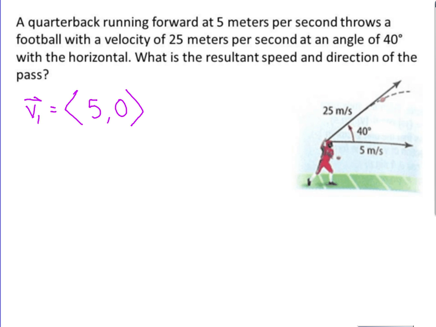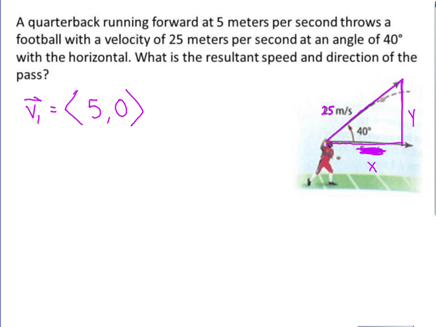Now if we break down our triangle over here, ignore how fast the football player is running, we need to look at that football. And it's traveling up at this angle of 40 degrees at 25 meters per second. You need to find your x coordinate and you need to find your y coordinate.